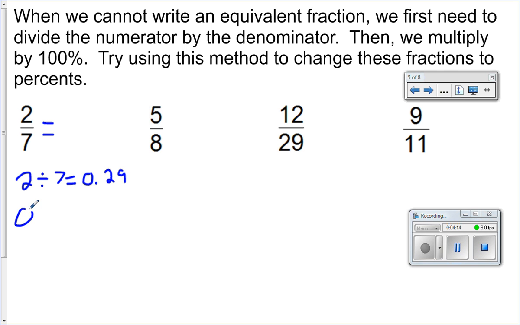Okay, and then I'm going to multiply 0.29 by 100. If I multiply, in the end, I get 29%.